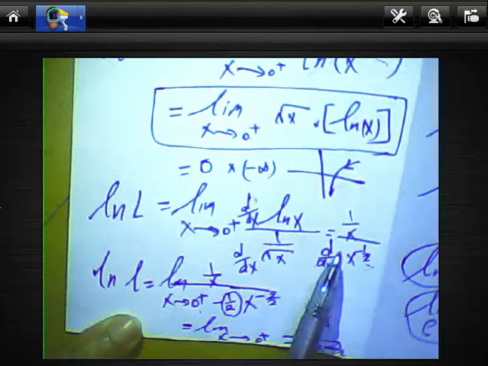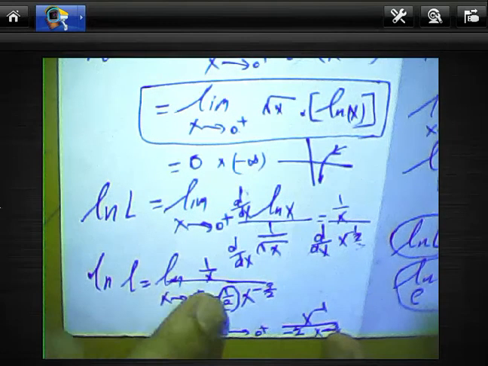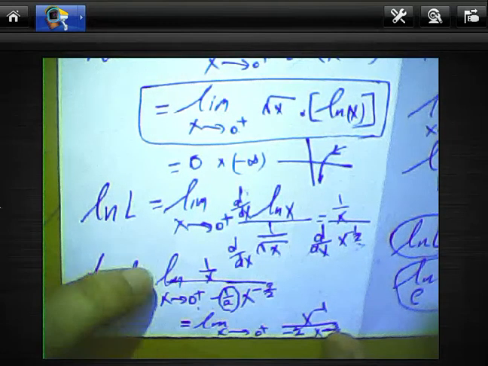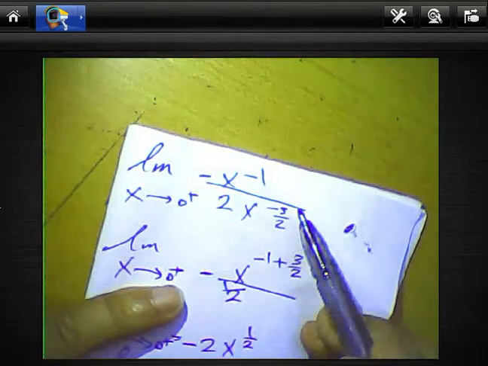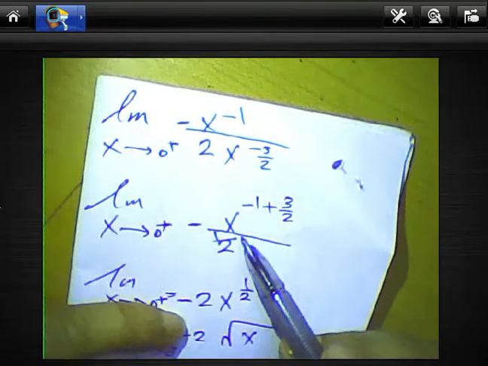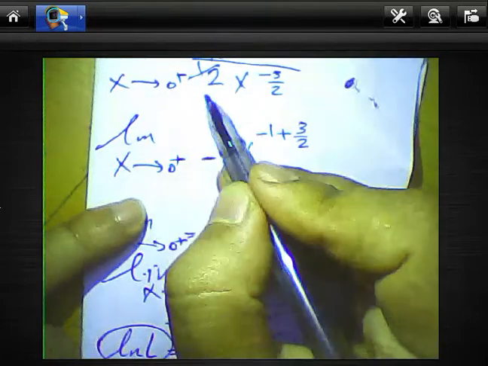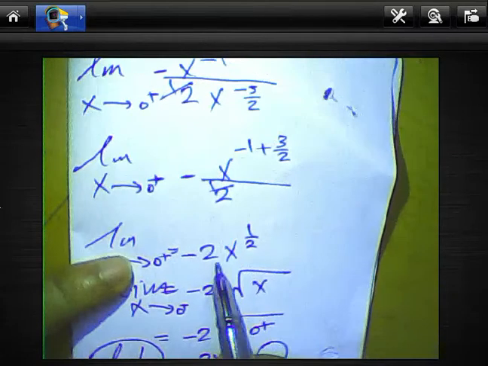We can drop the power outside and subtract 1 from this power. The result will be negative half x to the power negative 3 over 2 as x approaches 0 plus. And we can simplify it here. Negative 1 subtract negative 3 over 2. The result will be negative 1 plus 3 over 2. And we have negative half. We write the inverse of negative 1 over 2, which equals negative 2.